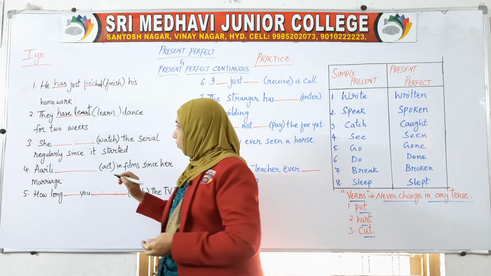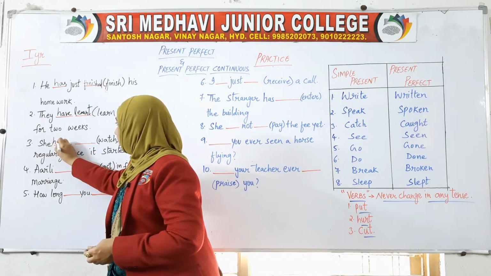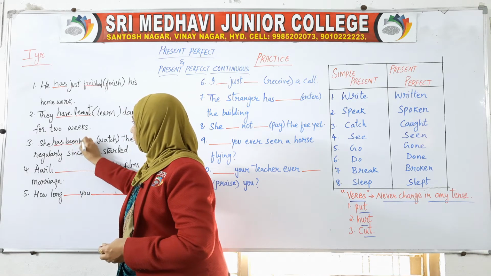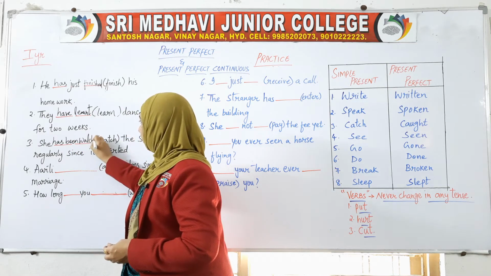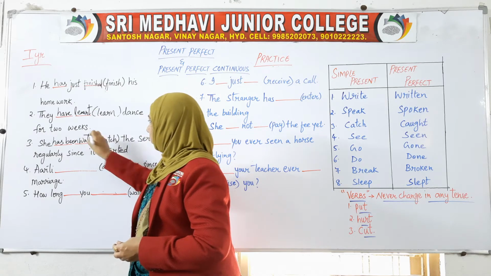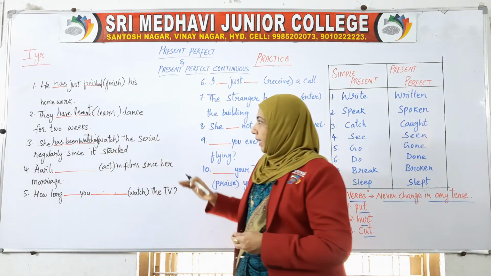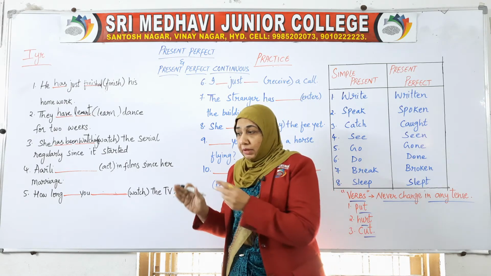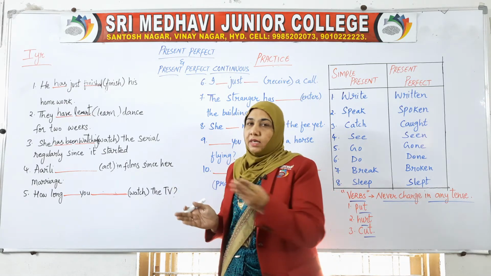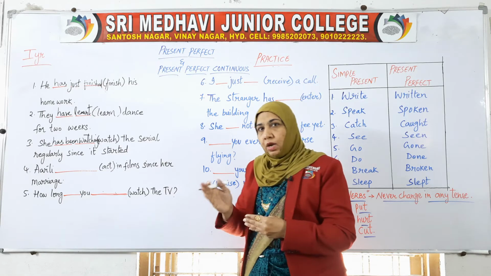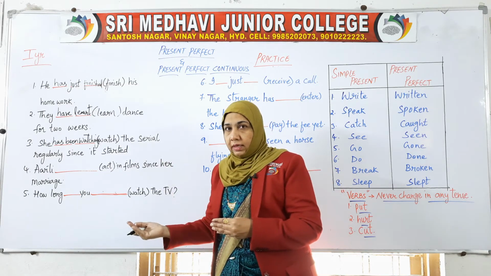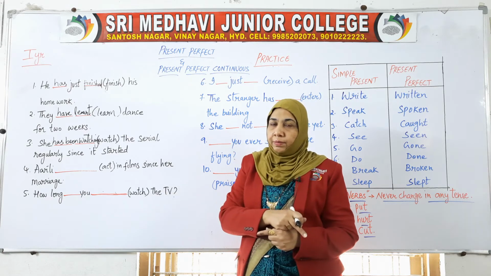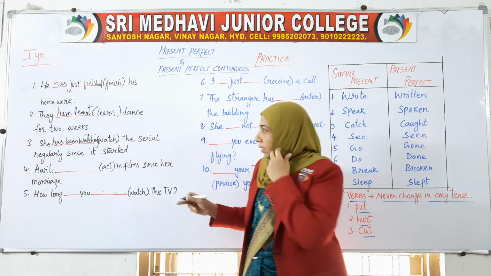So we have to go for she has been watching. She has been watching the serial regularly since it started. That means she has not stopped and the serial also has not stopped. She is still watching since the time it started till now. So from the past to the present continuous.